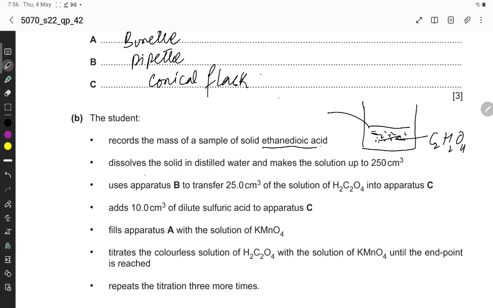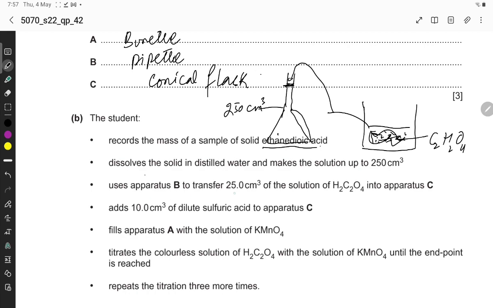Now transfer this solution into a volumetric flask. This is the type of flask known as a volumetric flask, about 250 centimeter cube, and the solution is made up to 250 centimeter cube.